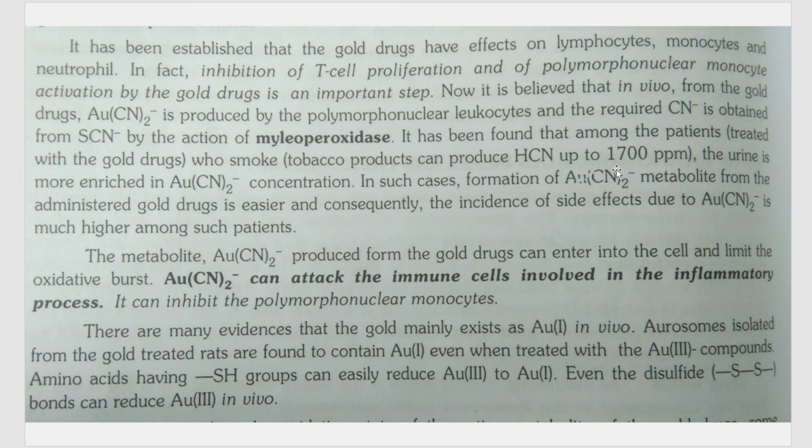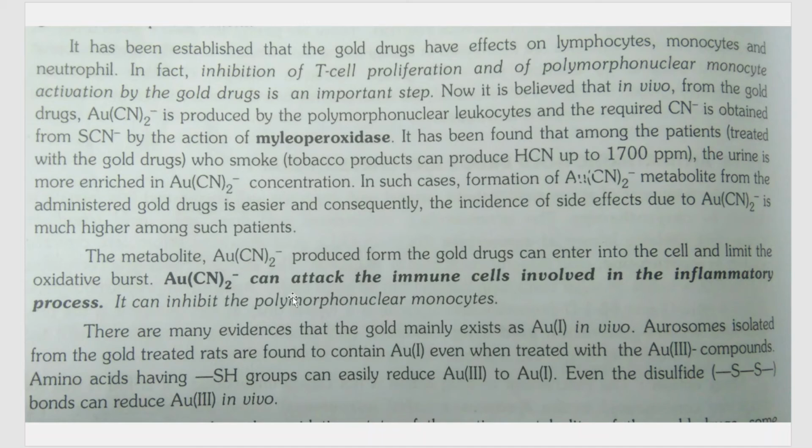Such people who have the habit of smoking and are also undergoing treatment for arthritis have a high chance of formation of Au(CN)2 minus in their body, and they have to deal with the side effects of this formed complex. This complex, gold with cyanide, has a lot of side effects. So such a patient might suffer from these side effects, that is, this Au(CN)2 minus that is formed.